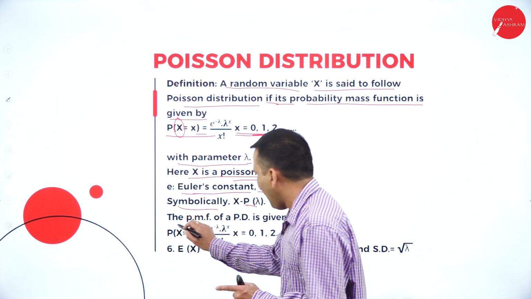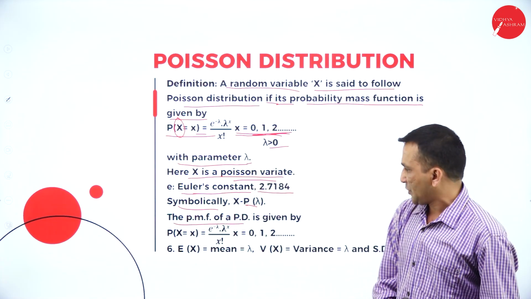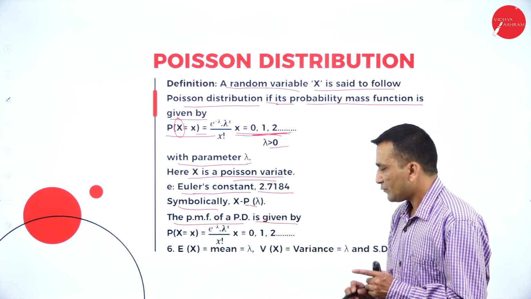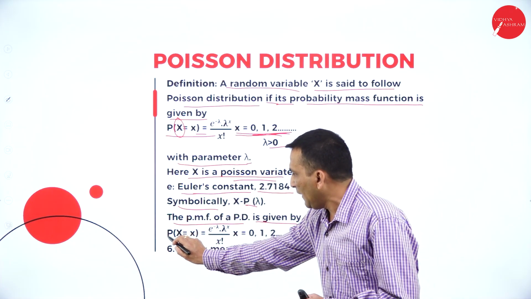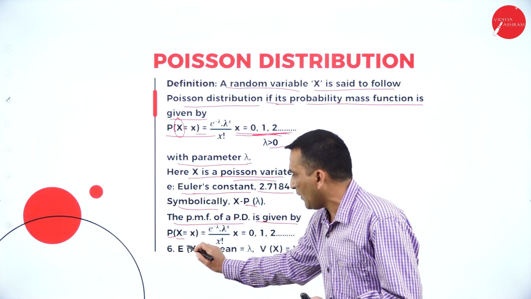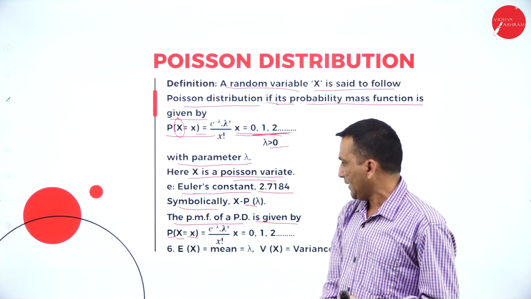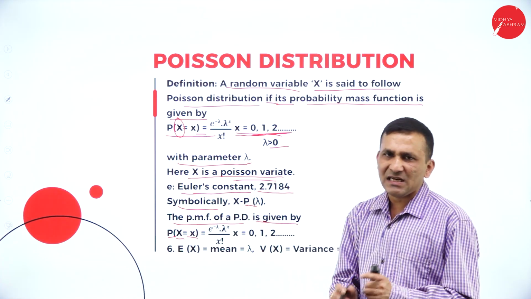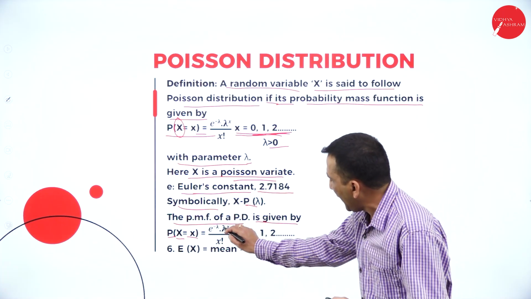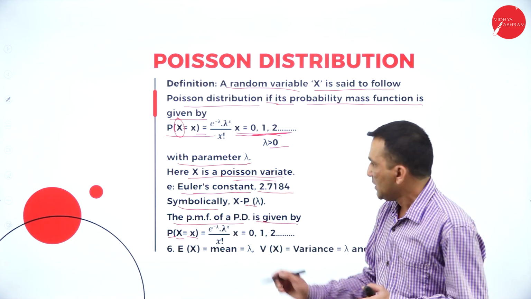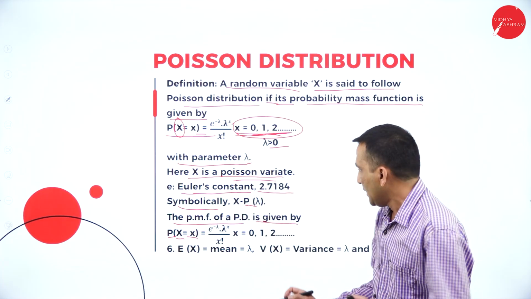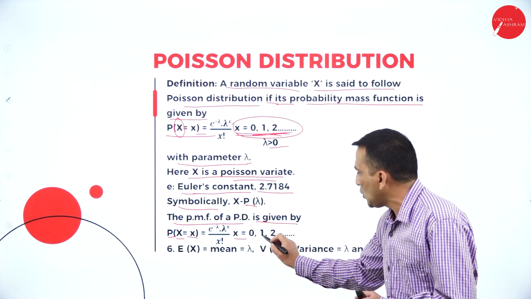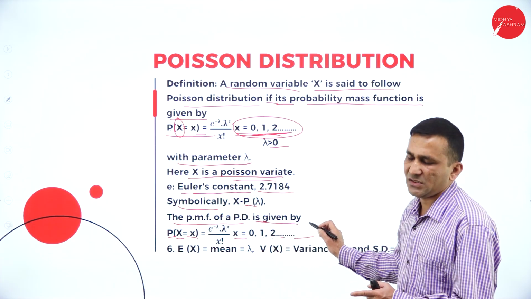The probability function of the Poisson distribution is given by P of the discrete random variable: e to the power of minus lambda, the standard formula, into lambda to the power of x. The x value is based on the experiment, so x can be 0, 1, 2, and so on.